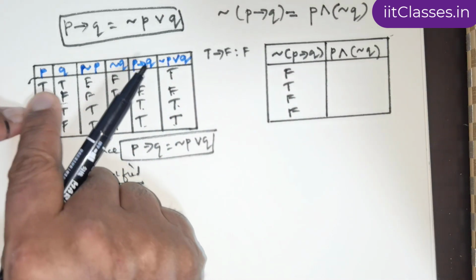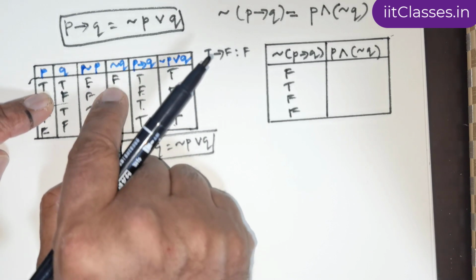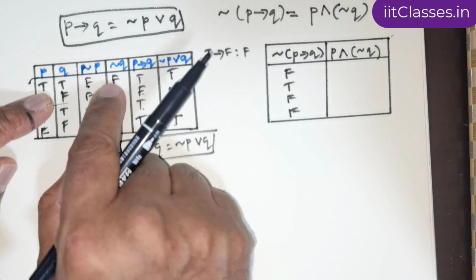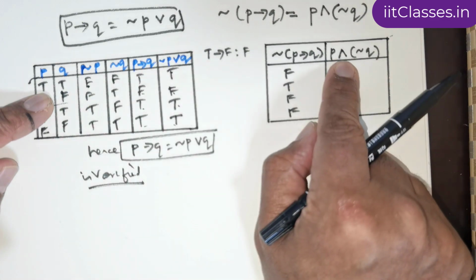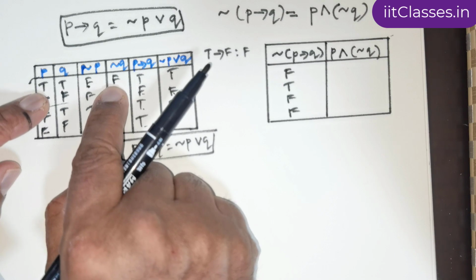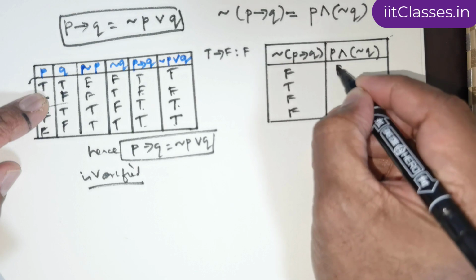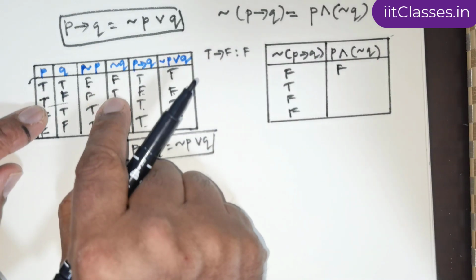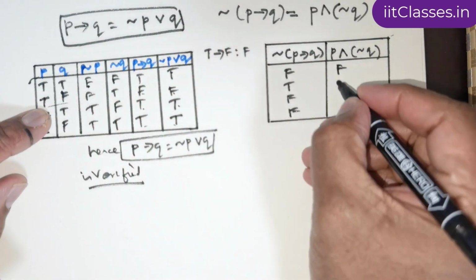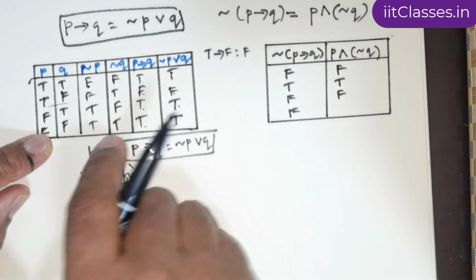P is in conjunction with the negation of Q. As I mentioned to you, we take this conjunction as a multiplication operator. So 1 into 0 is 0, so that's going to be false, F. And then 1 into 1, T, that's 1. 0 into 0, 0.